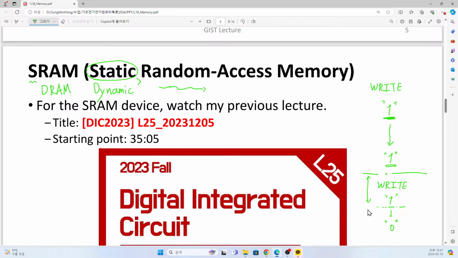Frequently and periodically we have to remind this DRAM of its present value. It sounds really weird, but this is DRAM, and SRAM has no need to be refreshed. That's the reason why we have the terms dynamic and static. Here dynamic means that every time we have to dynamically refresh and restore the data.